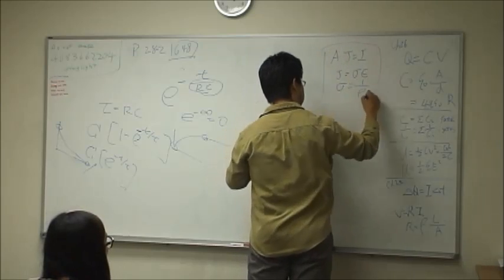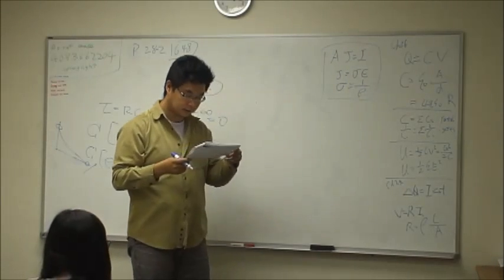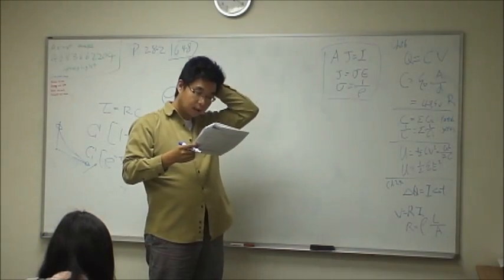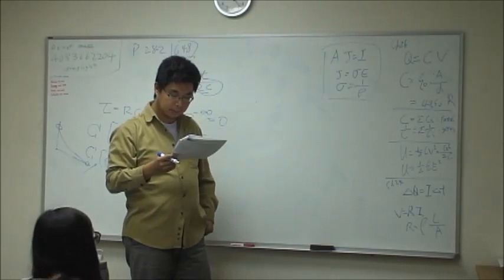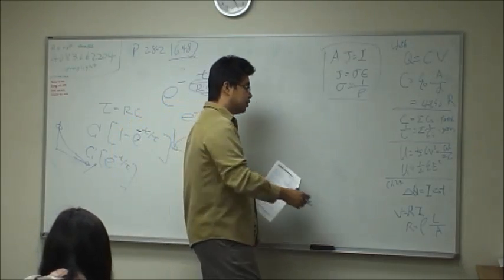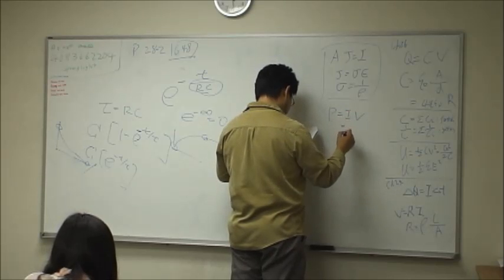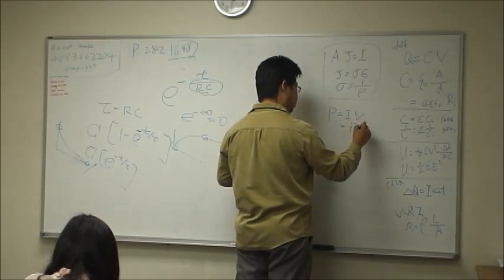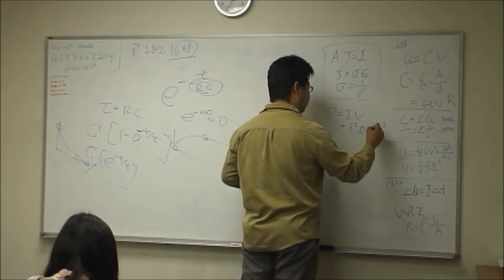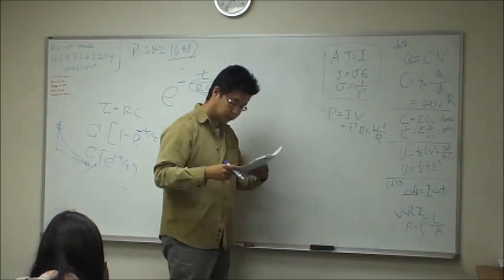This part you don't need to really notice. Next, the power through the resistor. The power is equal to IV, or equal to I squared times R, or V squared over R. Both are okay.